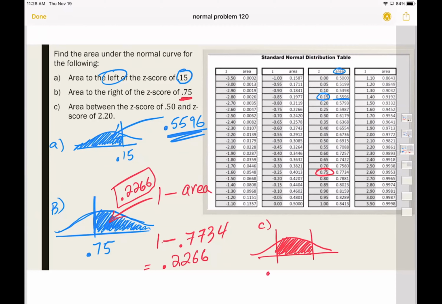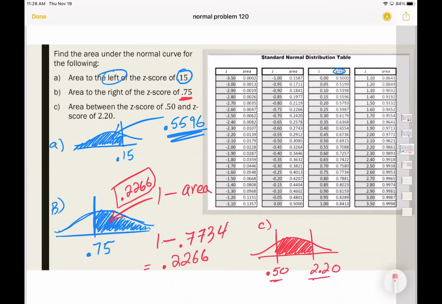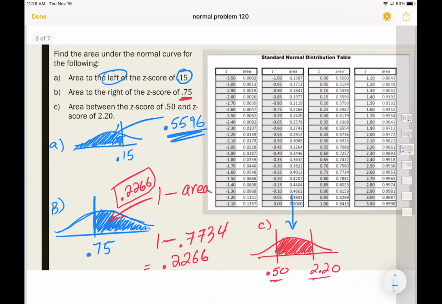I have 0.5 and 2.20, the big number on the right, the smaller number on the left. And again, I know some of you could critique my sketching and say that it is not technically correct, but the sketch just tells you that we are looking for this area, right? So how do I find this area?